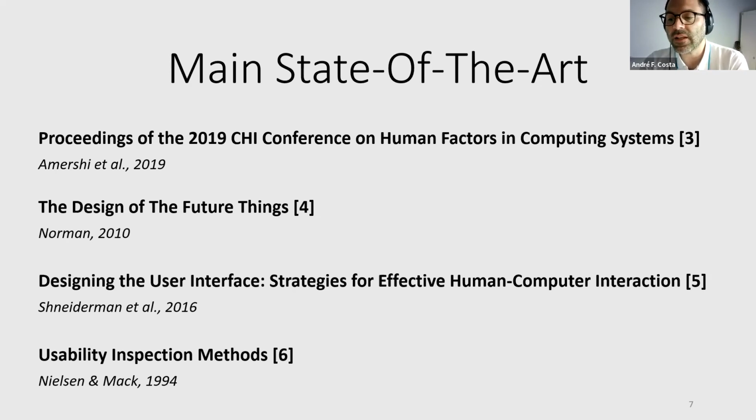And Usability Inspection Methods, book and article from Jakob Nielsen, a computer scientist with PhD in human-machine interaction, and Robert Mack, researcher and author. They created a group of methods where experts inspect a user interface to discover usability problems.